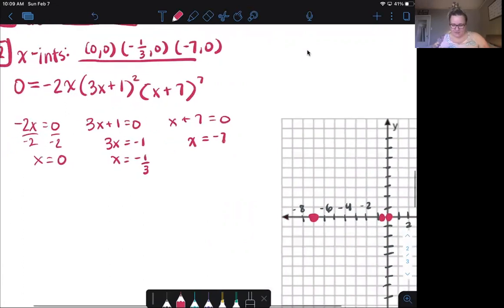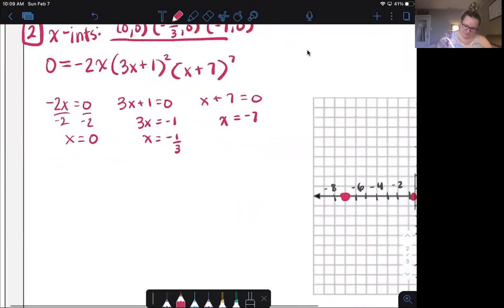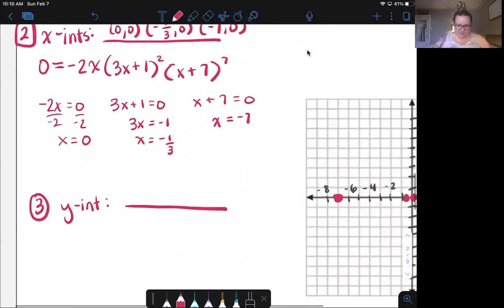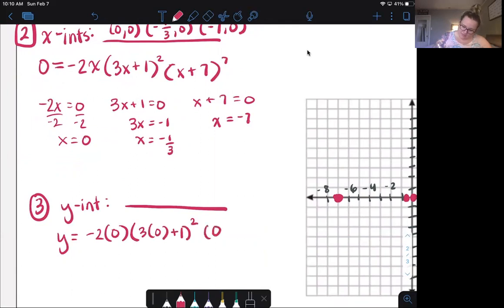All right, now let's find our y-intercept. We use x equals 0. So y is equal to negative 2 times 0 times (3 times 0 plus 1) squared times (0 plus 7) to the 7th.